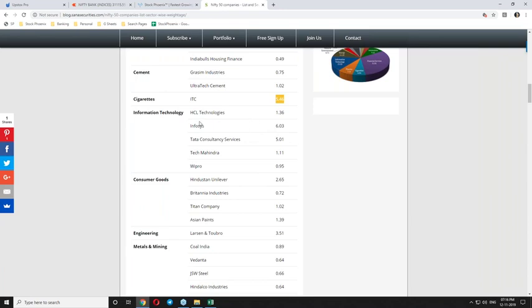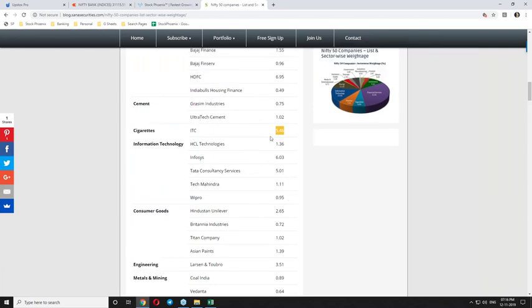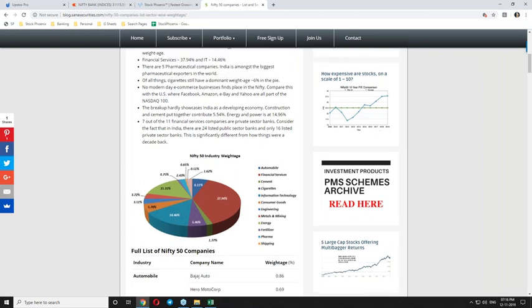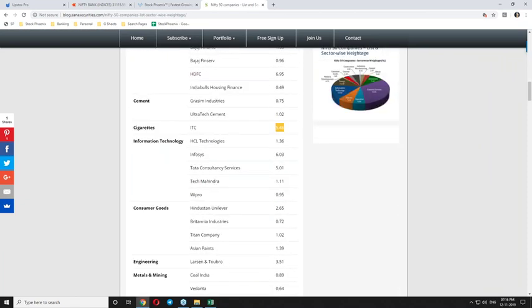IT has a good weightage, that is around 14.46%. Have you ever seen when the market is completely down? You might have noticed that when Nifty is completely crashed on some days, the IT industry will have some positive trends, which we have seen in the instances which happened.